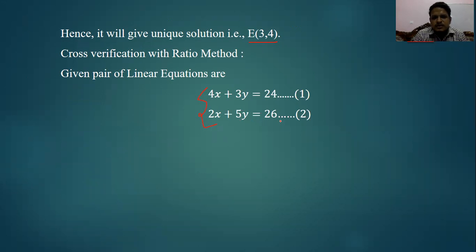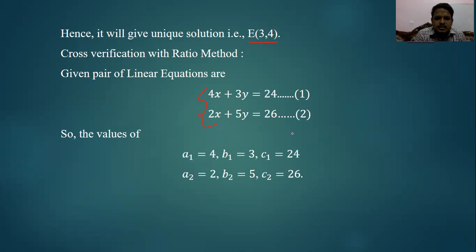So first of all, we want to find out the values of a1, a2 and b1, b2. So we will compare this equation with the standard equations, a1x plus b1y equal to c1 and a2x plus b2y equal to c2. So from there we get the values a1 equal to 4 and b1 equal to 3 and a2 equal to 2 and b2 equal to 5.